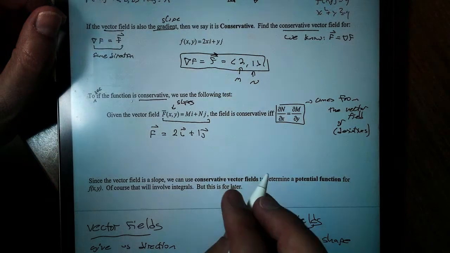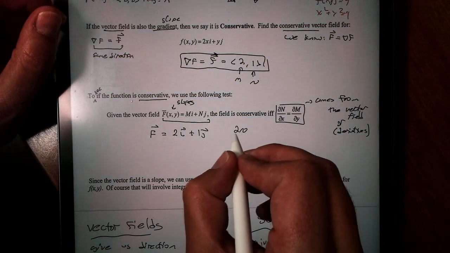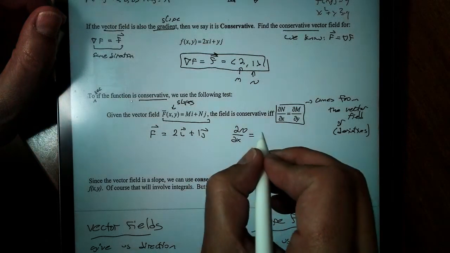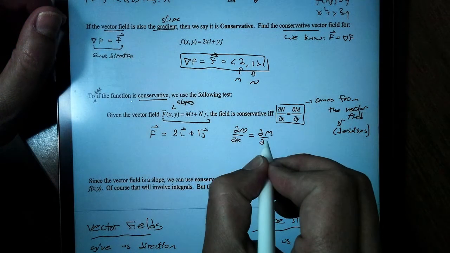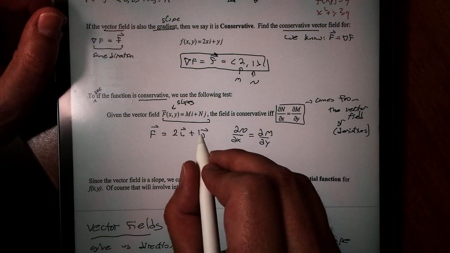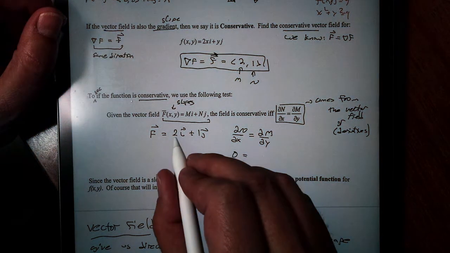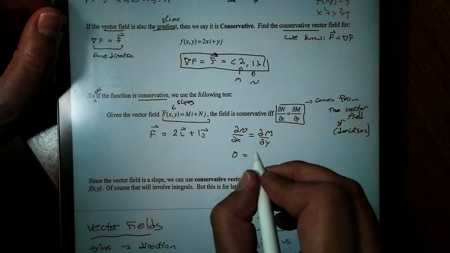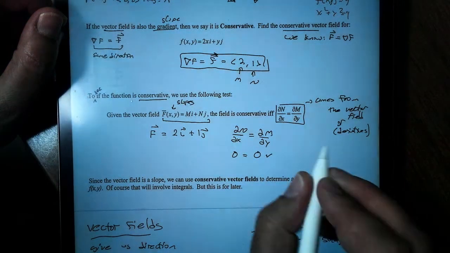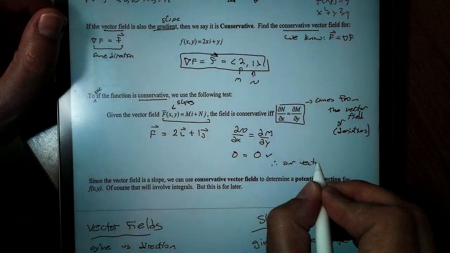So there's my vector field. For my test, I would take the partial of N with respect to x and see if that's equal to the partial of M with respect to y. Well, there is no x here, so it's just 0. The partial of M with respect to y, there's no y here, so it's also 0. So this checks out. They're the same, so therefore our vector field is conservative.